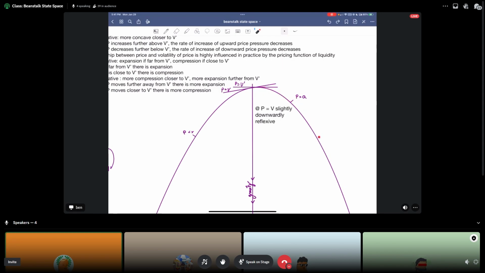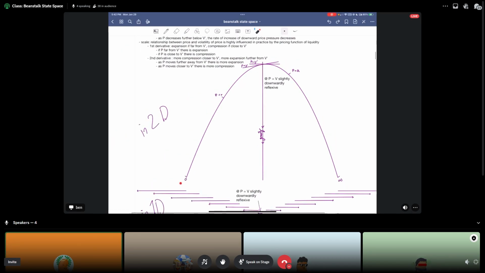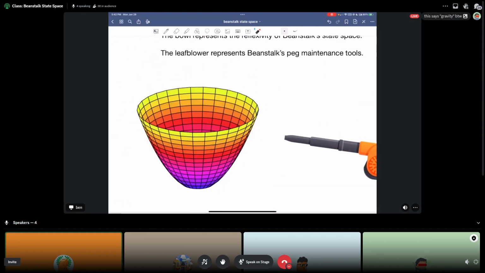The higher the price goes, the more upward pressure there is with respect to price. And of course, similarly, on the downside, the more the price decreases, the more downside pressure there is with respect to price. So that's where we get this upside down parabola, upside down bowl shape, which is of course way more difficult to evaluate if you're Beanstalk than if you have something like this.